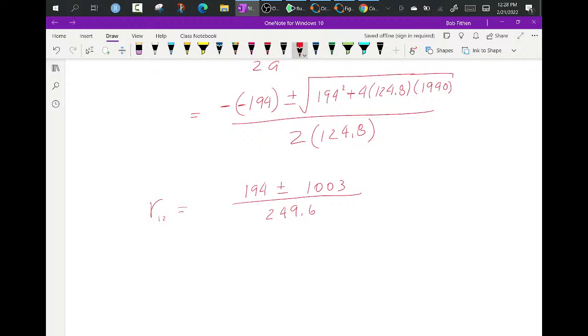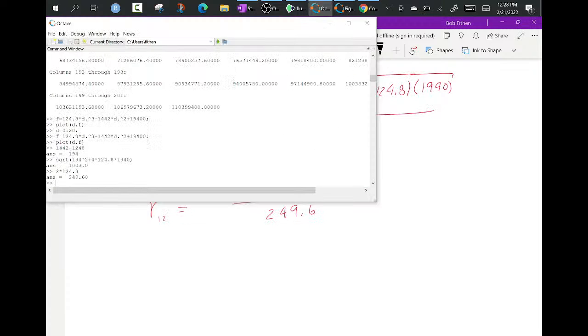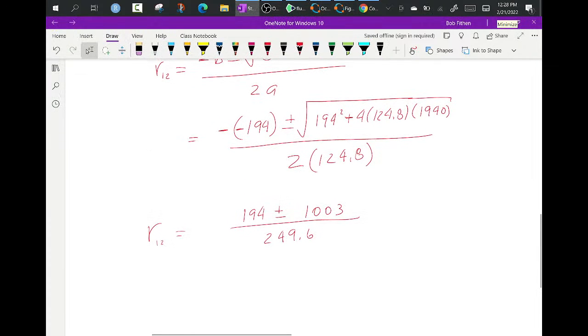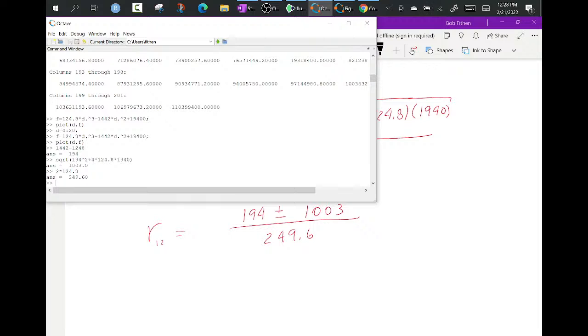Let's just go through and do this real quick. 194. I'll do the first one, a plus. 194 plus 1003 divided by 249.6, plus some extra digits, I'm sure.